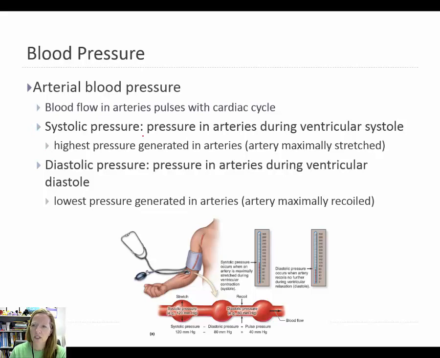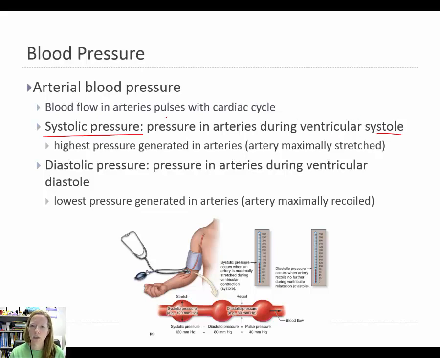Systolic pressure. So systolic pressure is going to be the pressure in the arteries during ventricular systole. So don't get systole and systolic pressure confused. Yes, they are related because systolic pressure is going to depend on systole. Remember, systole is what's going on in the chamber whenever it's contracting at the heart, the ventricle specifically.